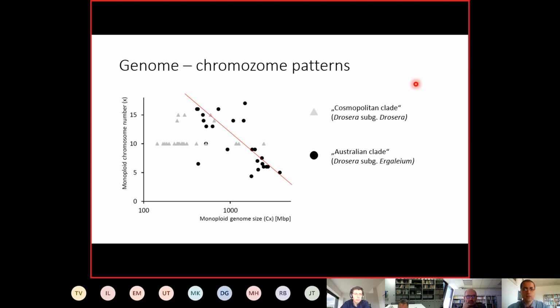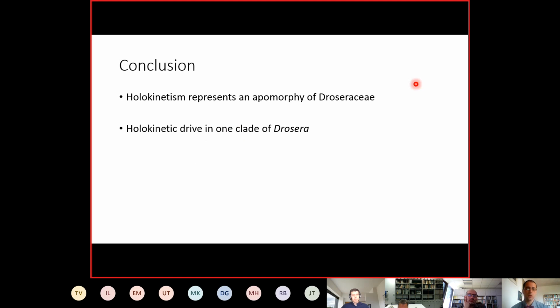This negative correlation is probably, or very probably, a result of holokinetic drive, which is resulting from competition for survival between chromosomal homologs in asymmetric female meiosis. Well, to conclude this direction of our research, we can say that holokinetism represents an apomorphy of the whole family Droseraceae, and that the holokinetic drive is probably active in one clade of the genus Drosera.